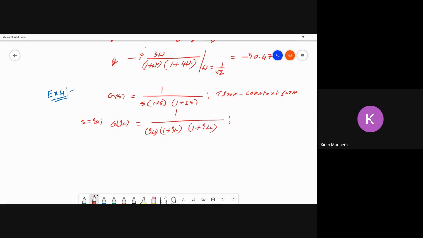We got the sinusoidal transfer function. Then rationalize it: multiply numerator and denominator by (1 minus j omega) and (1 minus j2 omega), right?